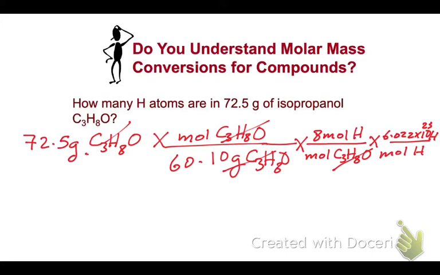And the answer will be 5.81 times 10 to the power 24 hydrogen atoms. That does conclude our topic here, and I will see you in the next lecture.